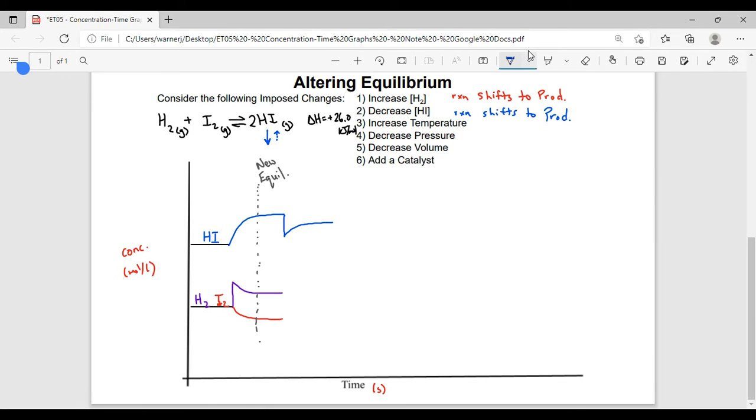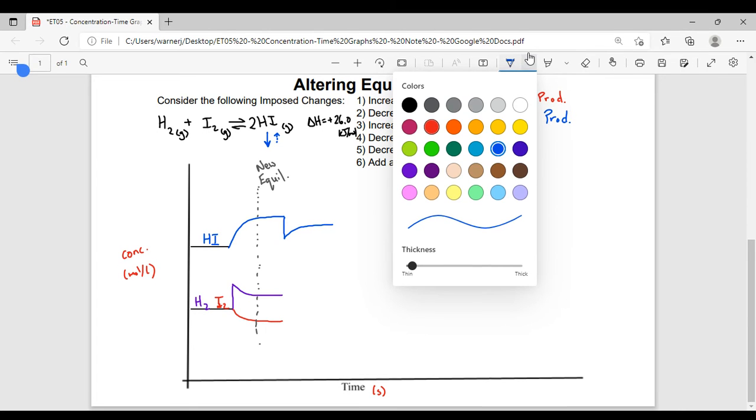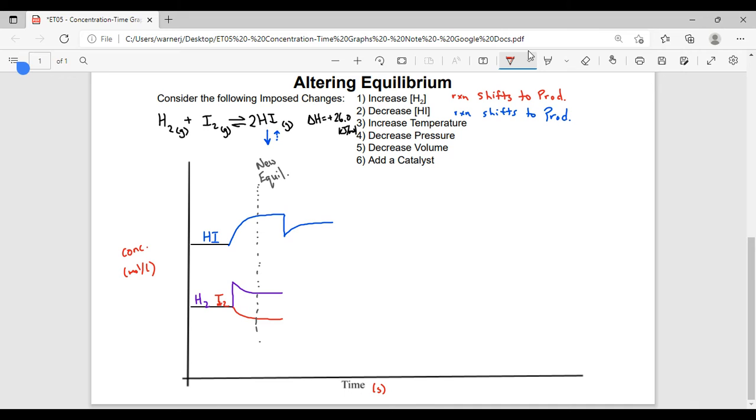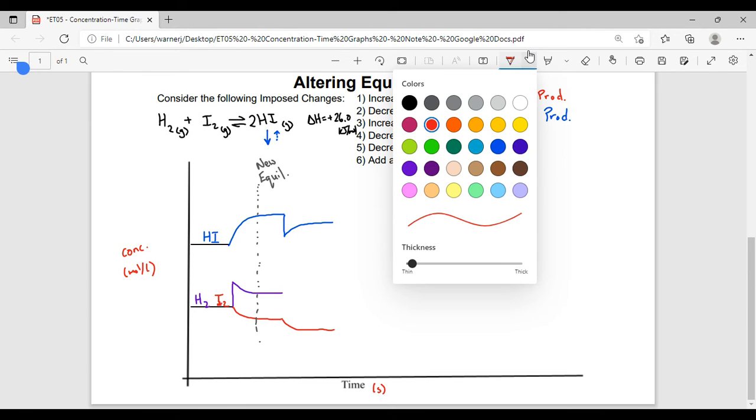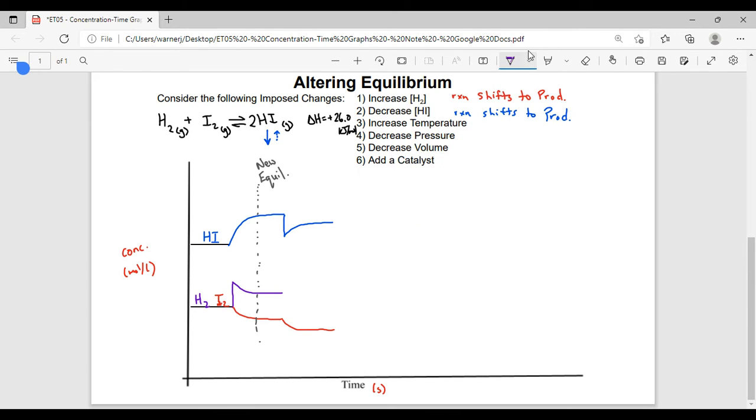Okay. Now to make more HI, that means H2 and I2 are getting used up. So we should see their concentrations drop. So I2 is going to go down. Now again, there's no initial change to these. We just see the drop and then it flattens out. And the H2, same thing.